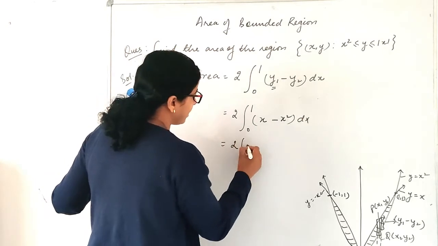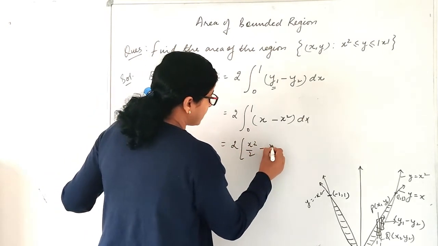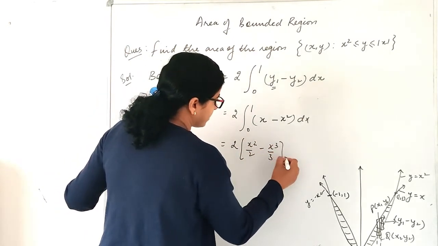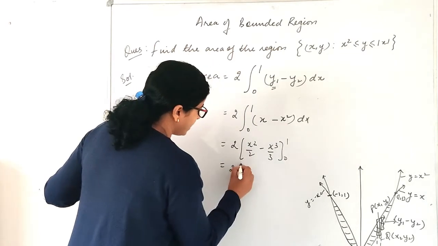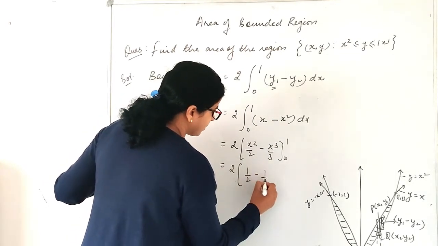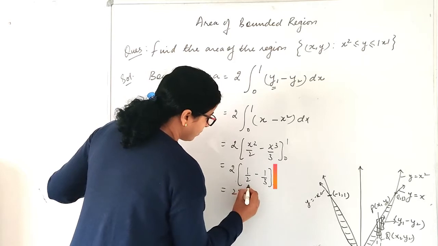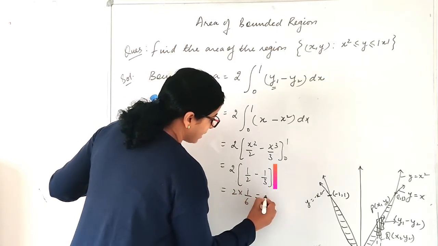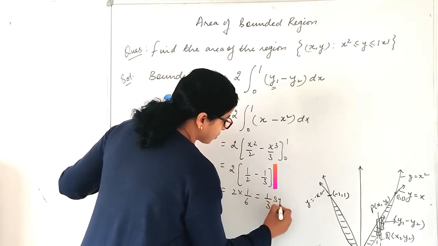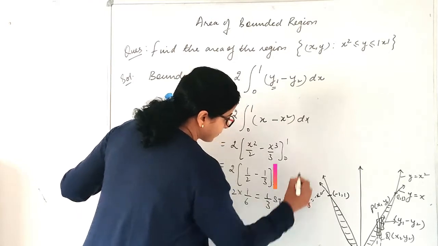Now let us integrate x square by 2 minus x cube by 3, 0 to 1. So twice 1 by 2 minus 1 by 3, twice into, solve it, you will get 1 by 6, which is nothing but 1 by 3 square units.